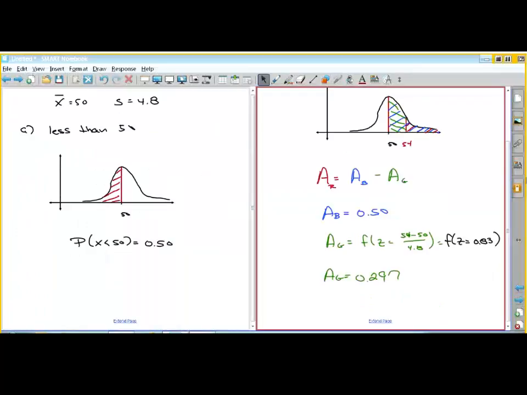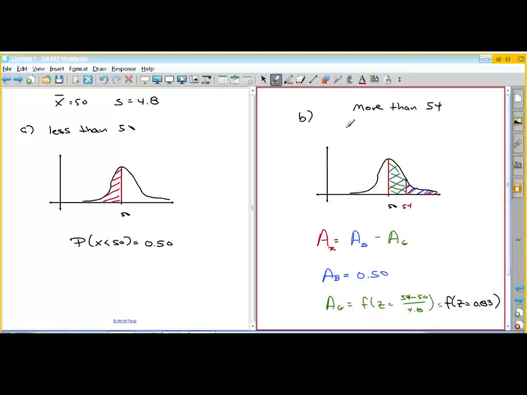So the total area, the red area, which is what I'm interested in, is going to be equal to the blue area, which is 0.50, minus the green area, which is 0.297. And so the red area is 0.5 minus 0.297, which is 0.203.